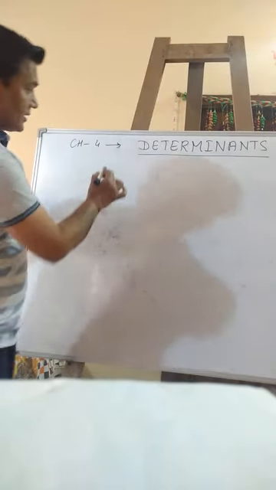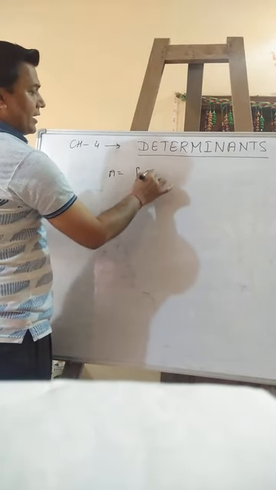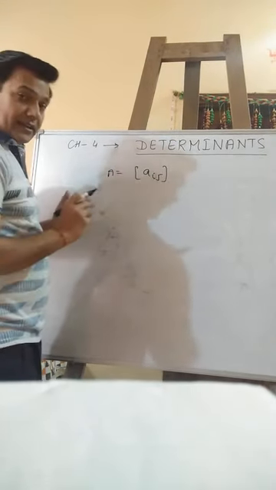As we know that A is equal to [aij], a matrix, and the determinant of A is written like this, and it is a numeric value of a square matrix, like a 2 by 2 matrix or 3 by 3.